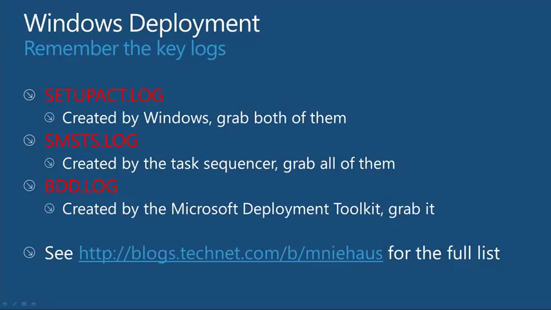The third one then is the BDD.log. It's created by all the MDT scripts. They all write all the entries to that one log file. Each script also writes its own log file, but it doesn't write anything different to its own log than it does to BDD.log. Every entry gets written to both files. So BDD.log has everything in it that you would need.